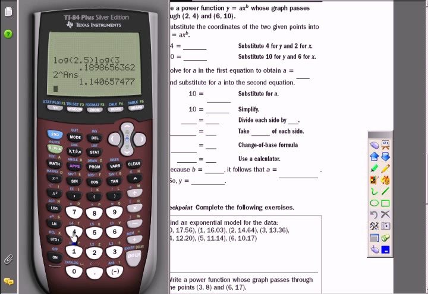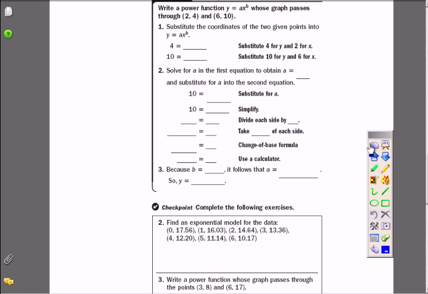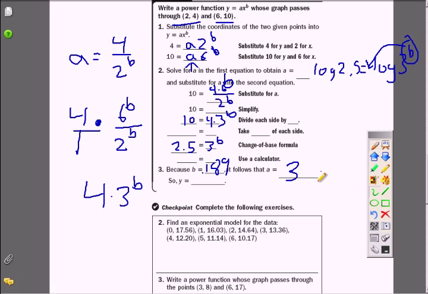Then if I do 4 divided by that answer, second answer, enter, should give me my a number, which I'm getting at 3.5, and I'm hoping that's right. It somehow seems to be right. So y equals a is 3.5, b is 0.189 to the x power. I'm sorry for that terrible handwriting again.